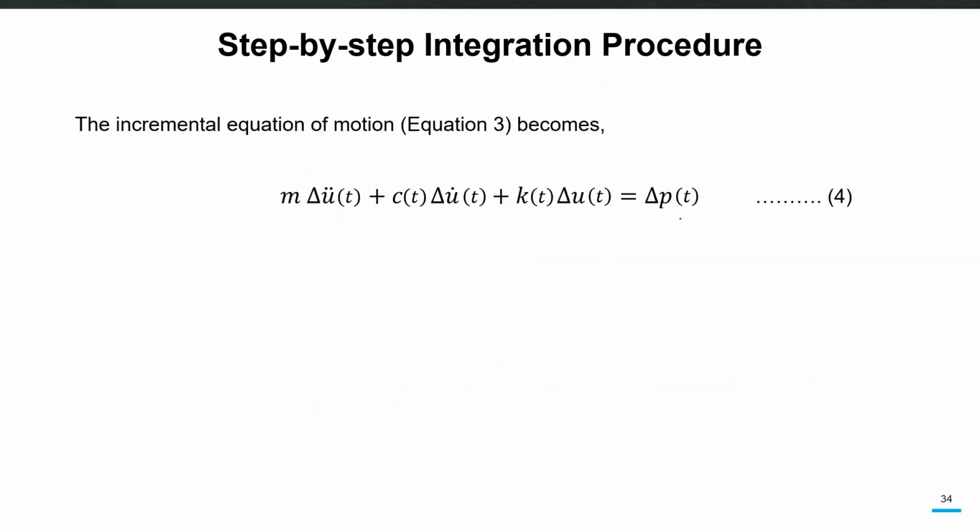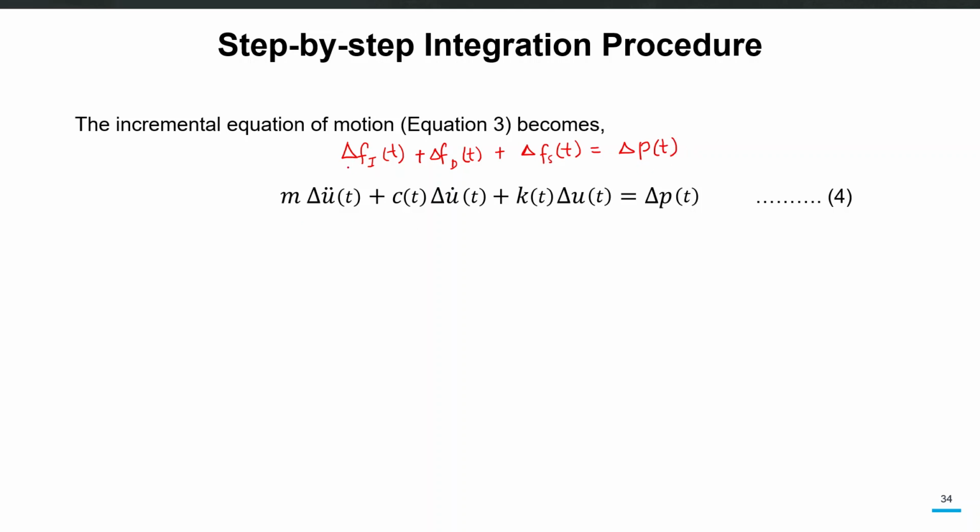Now going back to equation 3, which is the incremental form of the governing differential equation, we have delta Fi of T plus delta Fd of T plus delta Fs of T equal to delta P of T. This was the incremental form of the equation.